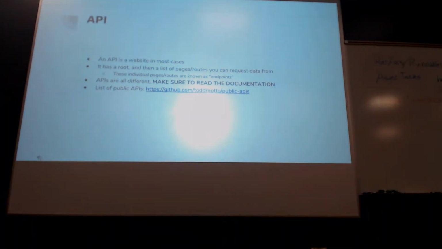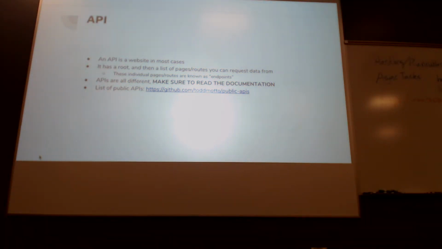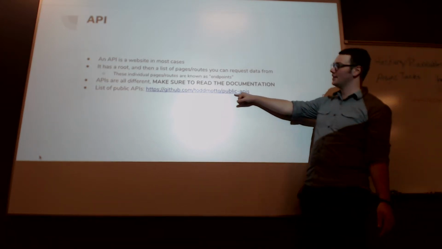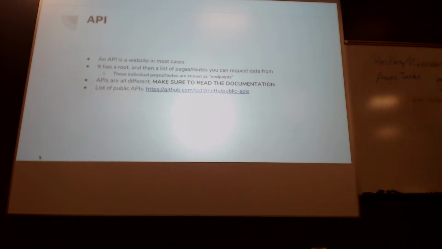It's the root endpoint, or the root of some API. But there's also a list of public APIs if you're interested in playing around with a bunch of random APIs. The only thing I'll say is that every API is different. Read the documentation of how you're supposed to use it, because there's literally no other way you can touch it.